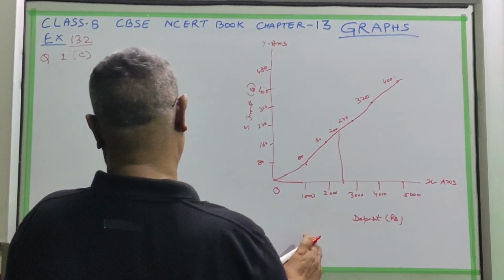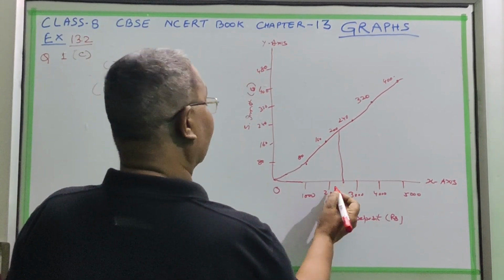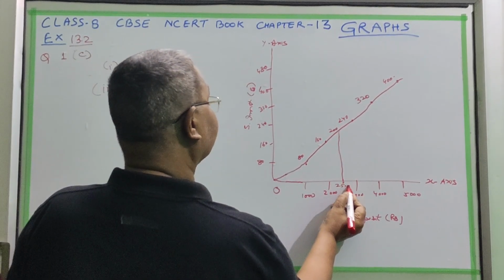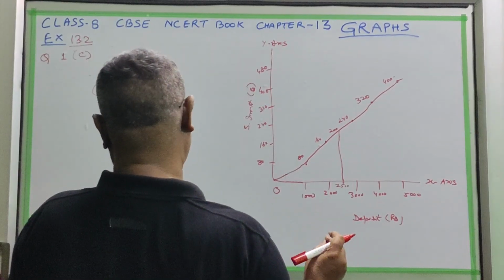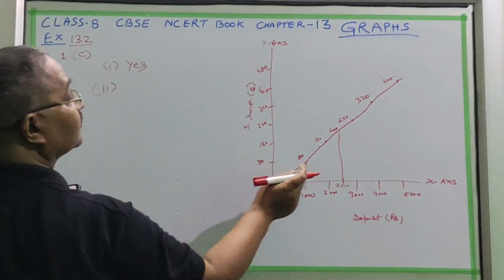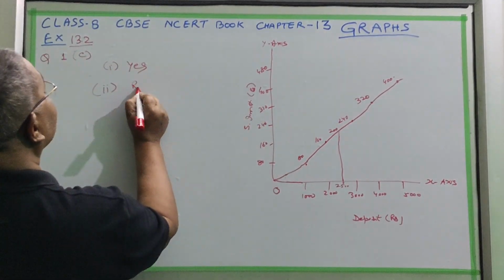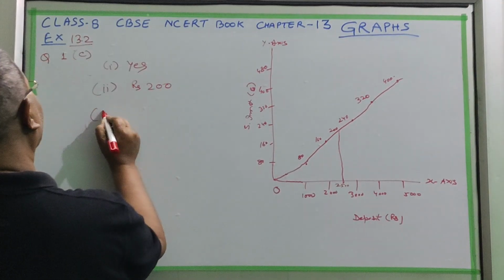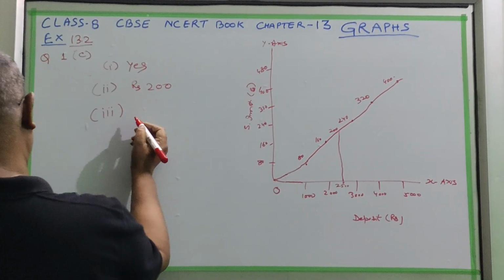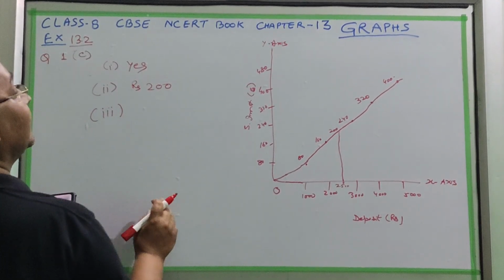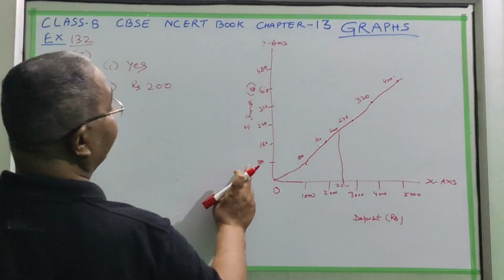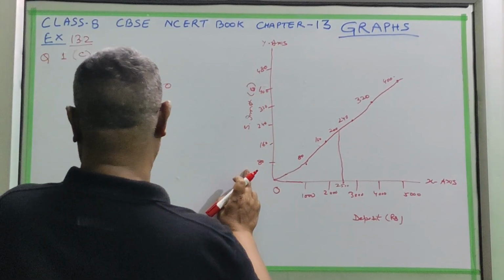So for 2,500 rupees, the interest will be 200 rupees.